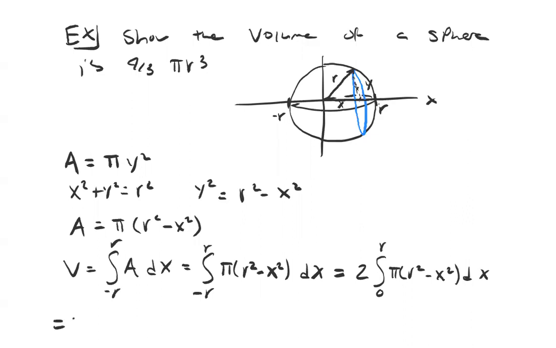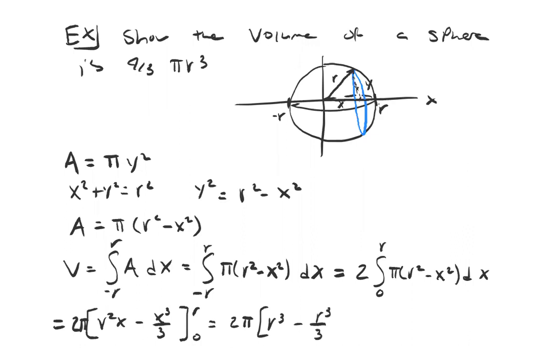So I'm going to do 2 pi times the integral: the integral of r squared is r squared times x, and the integral of x squared is x cubed over 3. We're going to evaluate this from 0 to r. So this is then 2 pi times r cubed minus r cubed over 3.